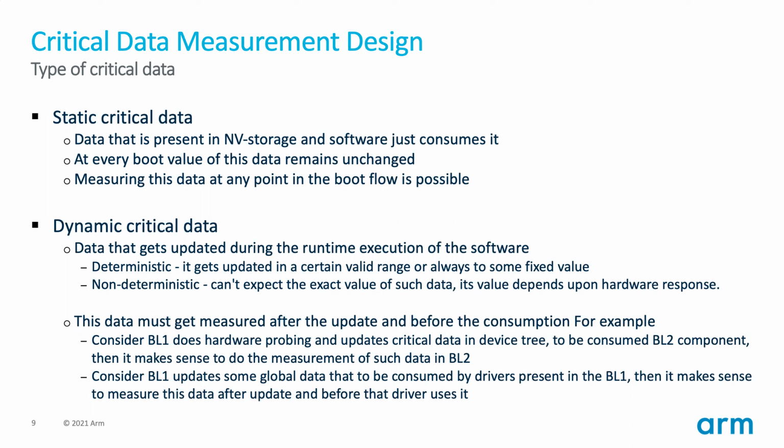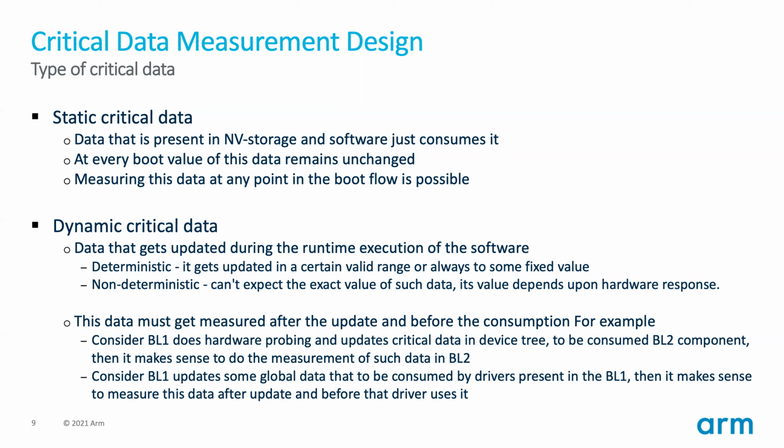So we are reading some register and getting the value, but that is a critical one. So that comes under non-deterministic. It is very difficult to know what exactly the value is. And this data should get measured after update, but before consumption.